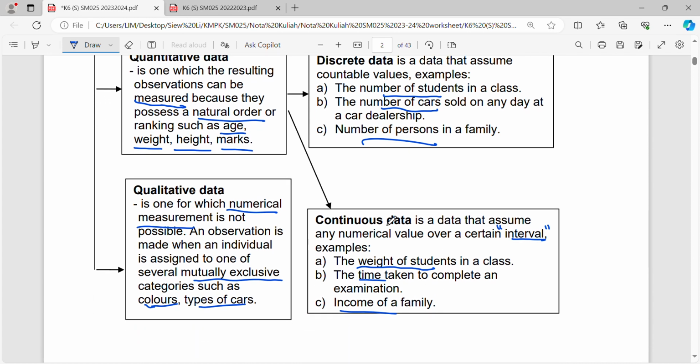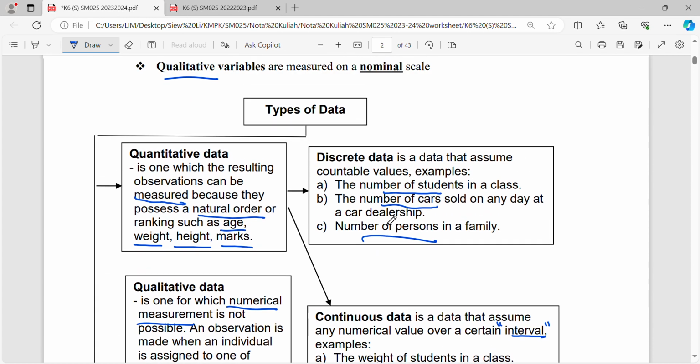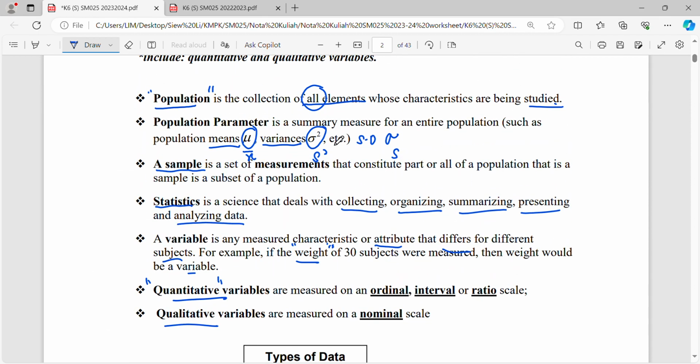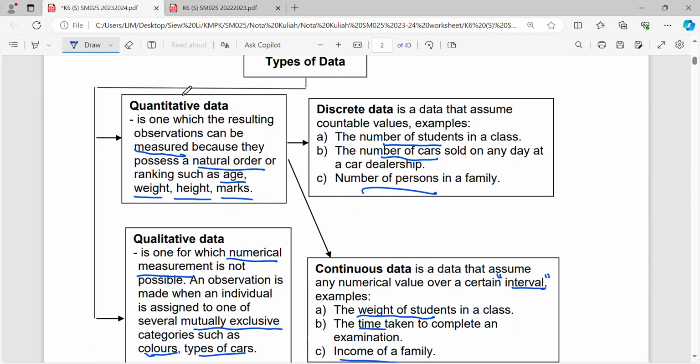All right, so most of the time, overall, how you calculate your data, you will classify it as quantitative or qualitative. When you deal with quantity, you still have to know whether your data is discrete or continuous. Different data will use different parameters to analyze it.